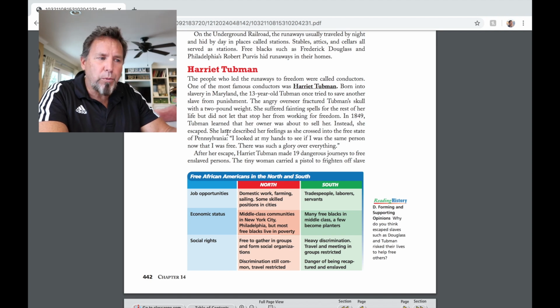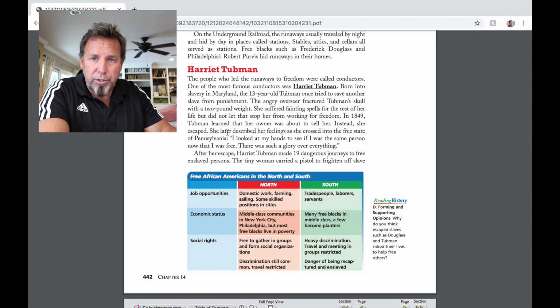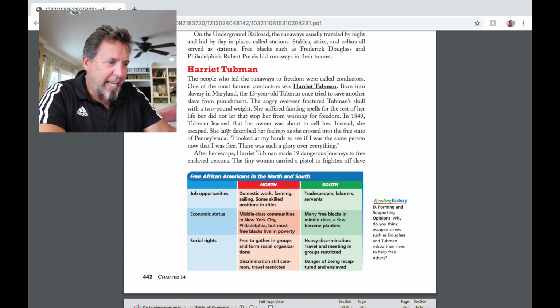So that's one of the reasons why she was able to escape detection, is the fact that when she was in the South, she would just kind of hobble around on a cane, and she looked like an old woman that, how can this person be a conductor? There's no way. But she wasn't really an old woman at the time. She was disguising herself, and that's how she was able to very successfully lead slaves to freedom in the South.